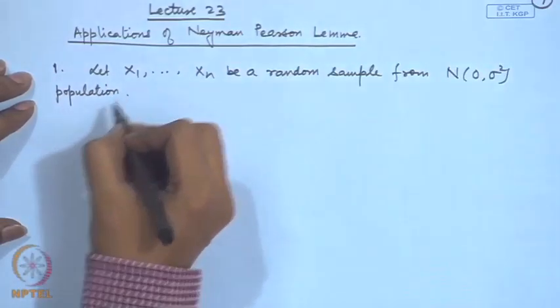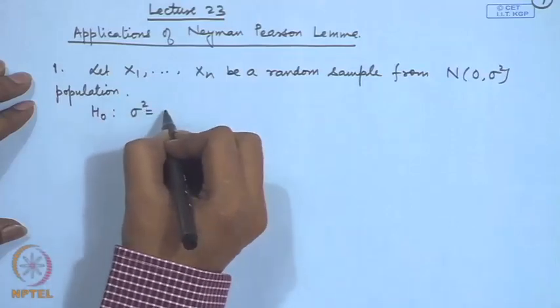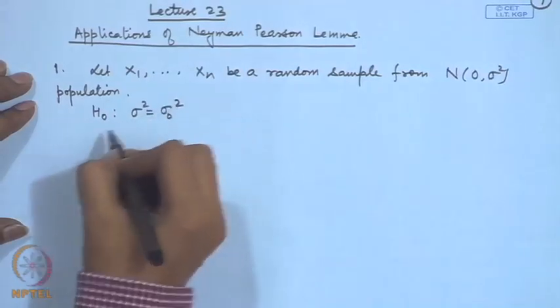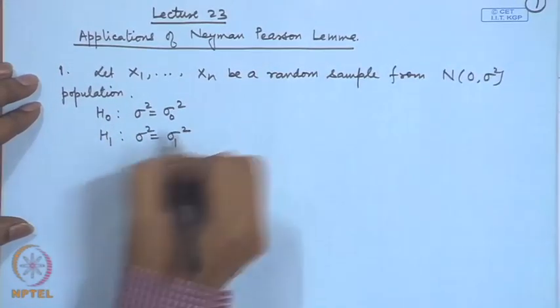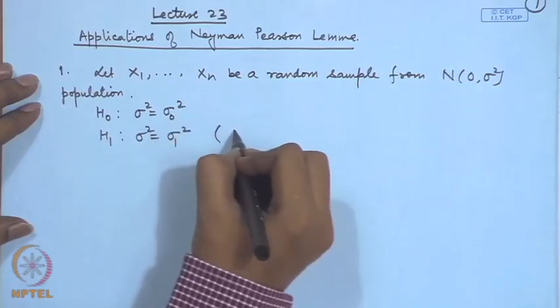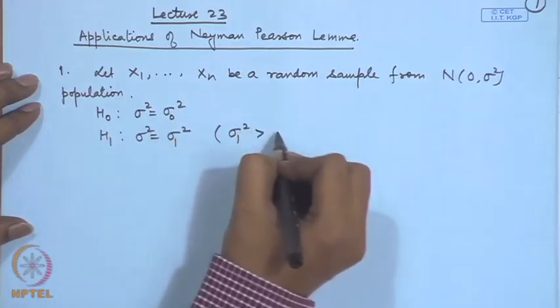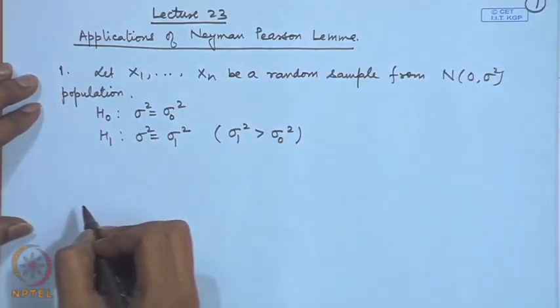We are interested in testing the null hypothesis sigma square equals sigma naught square against sigma square equals sigma 1 square. Now, sigma 1 square is not equal to sigma naught square. So, let us consider the case sigma 1 square is greater than sigma naught square.